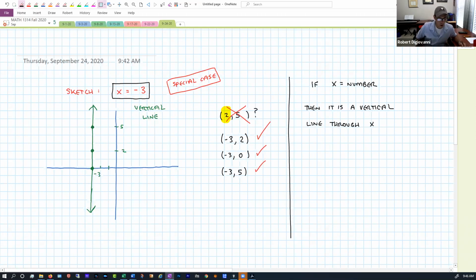For us, the x was -3, so this is a vertical line through -3. Does everyone see that? Is that pretty straightforward? Any questions?